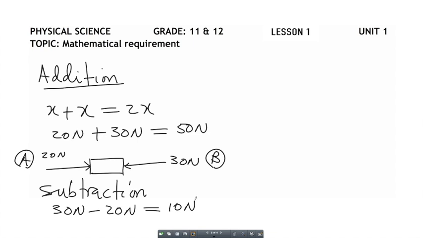However, if we have subtraction, this translates to say you have a force of 30 Newton in one direction, a force of 20 Newton in the other direction. So the 30 minus 20 will give us the 10 Newton. So that 10 Newton, which acts as a resultant force, allows us to see the difference between those two forces that are applied on the same object.